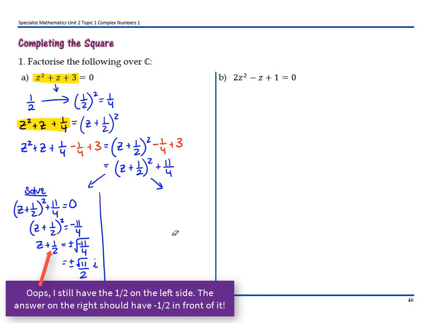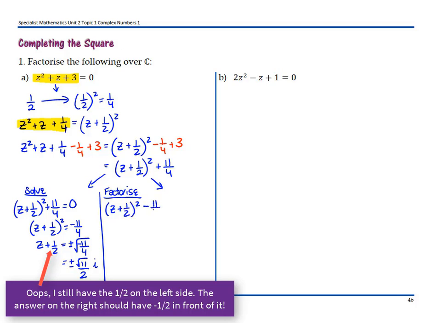Okay. Now, if the question did say to factorize, we need to be able to change that plus to a minus so we can do it. So we've got z plus a half all squared.